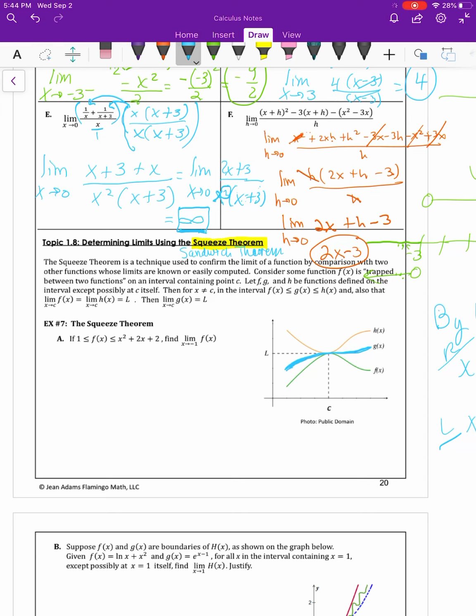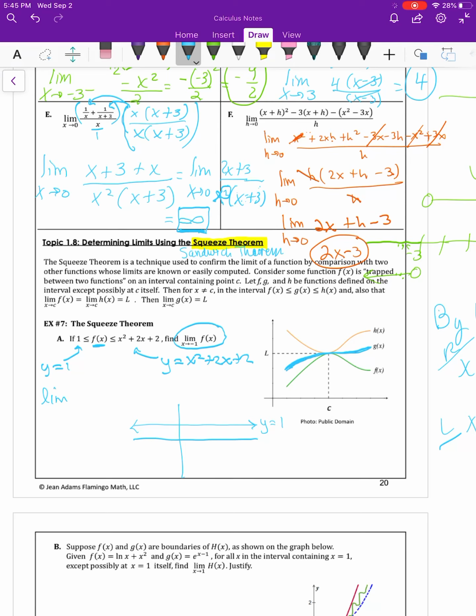So what they've done is they've said, if your f of x is squeezed in between the function y equals 1 and the function y equals x squared plus 2x plus 2, then they want you to find the limit as x approaches negative 1 of that. Well, I know y equals 1. That's just going to be this function right here.